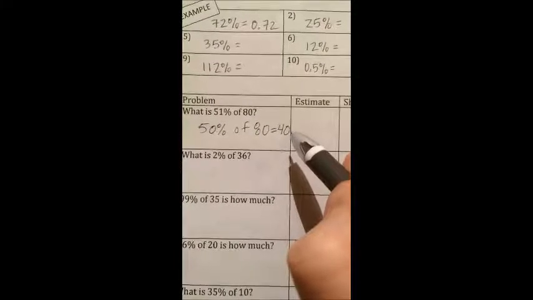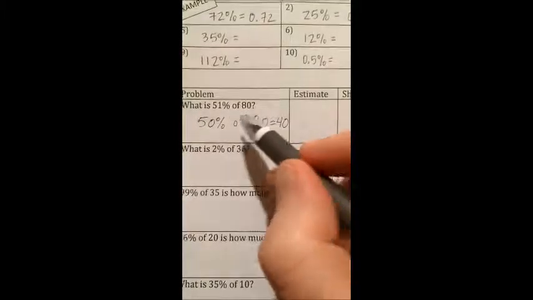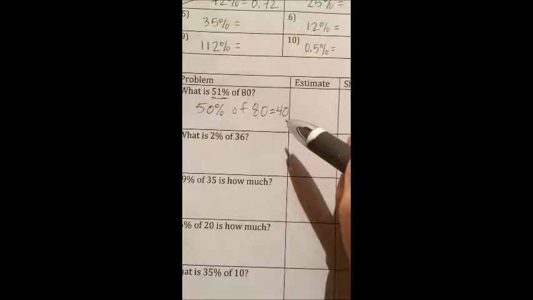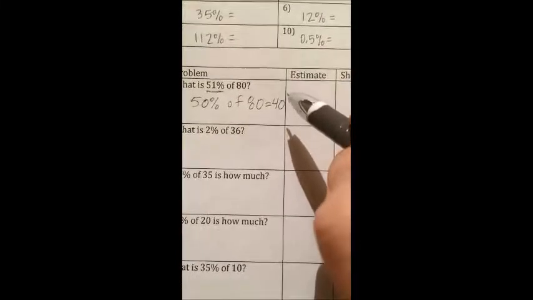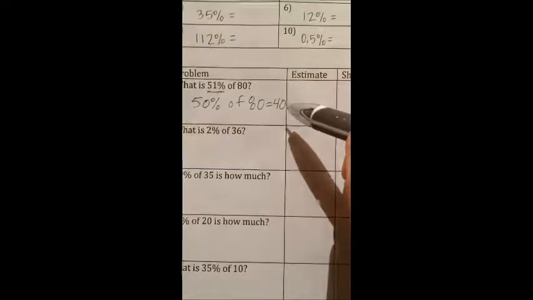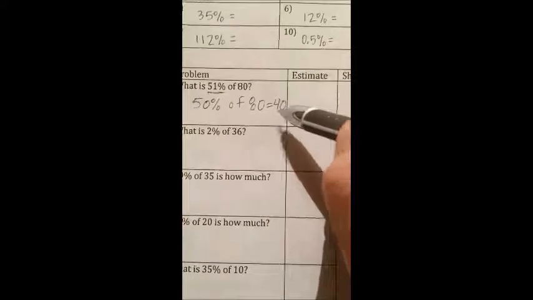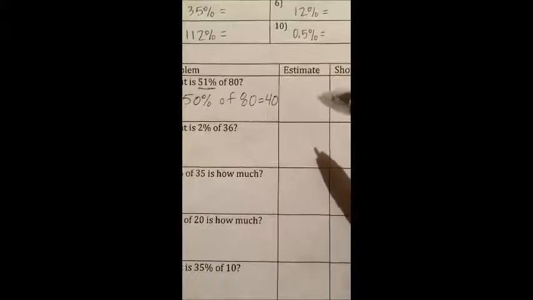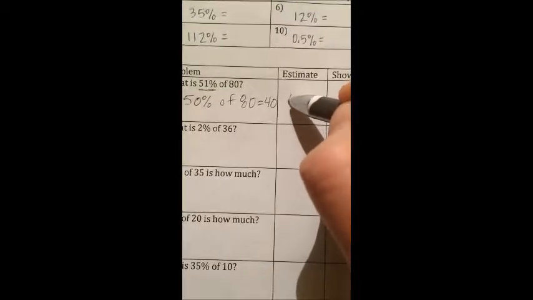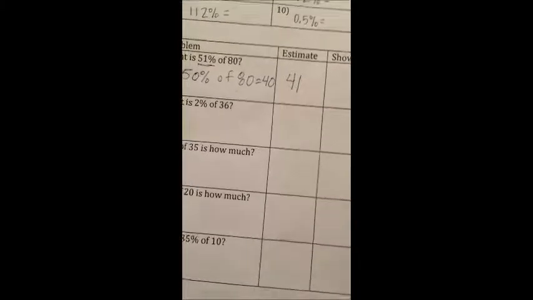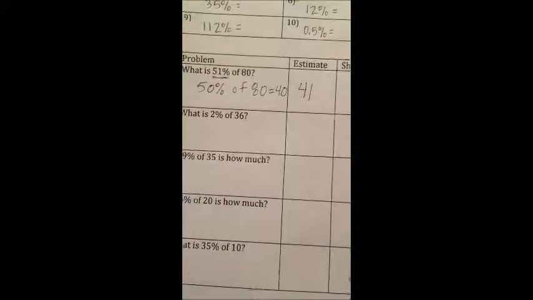So if I'm going to estimate 51%, should that be more or less than 40? Well, it's got to be a little bit more. So my estimate's going to be 41. Pretty close. Now you do the same thing.